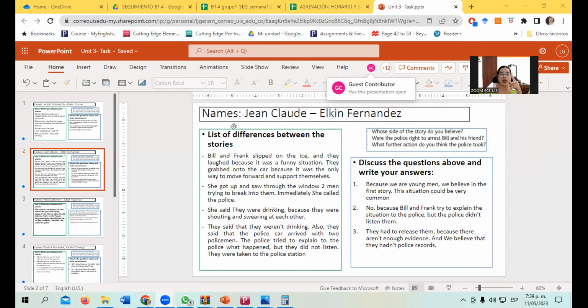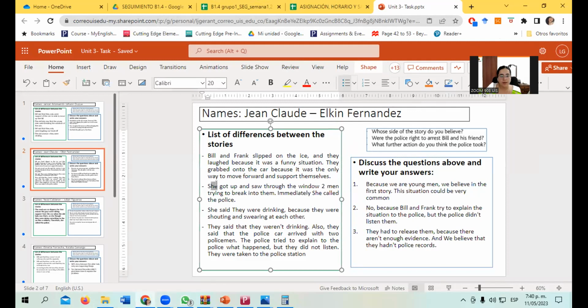Since we haven't mentioned her before, we say the old lady got up and saw two men through the window. Trying to break into them. Into what? Into the cars. Immediately she called the police.